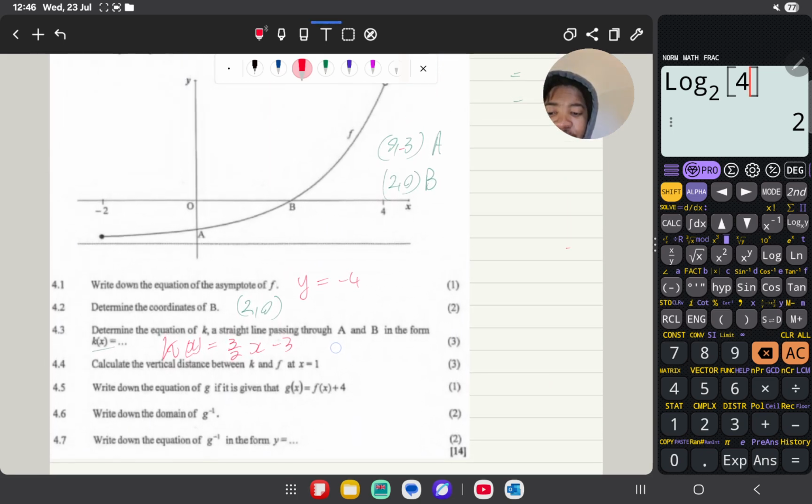Then the next question they are saying, calculate the vertical distance between k and f at x equals 1, right? So we will draw our straight line passing through these points.